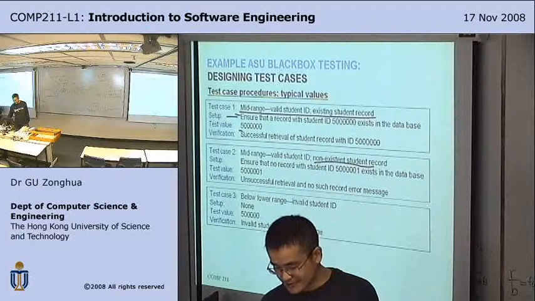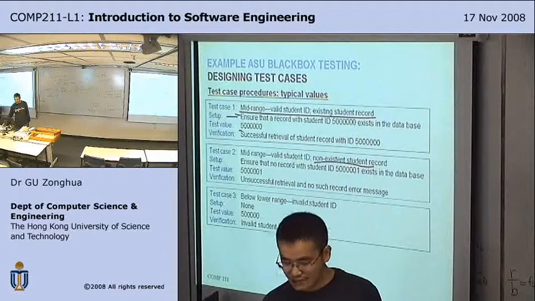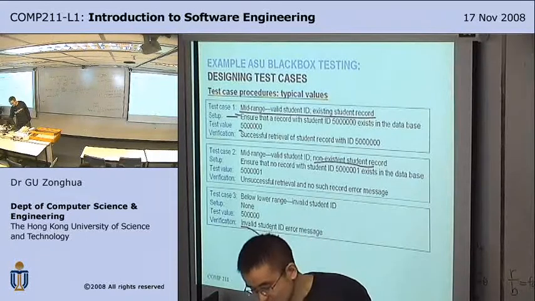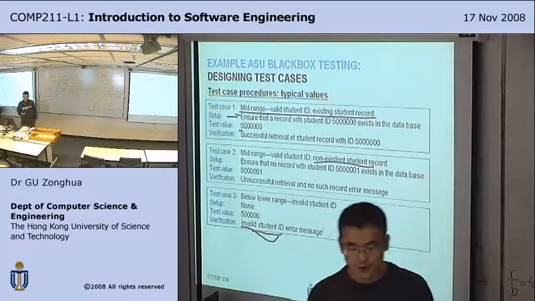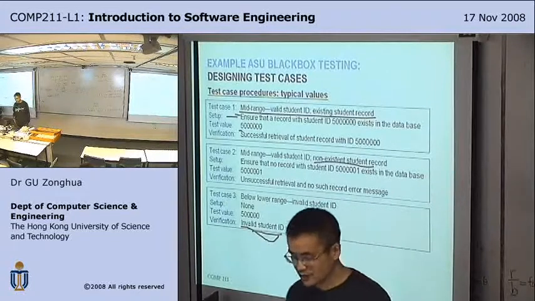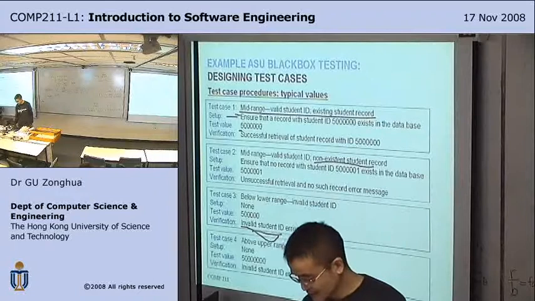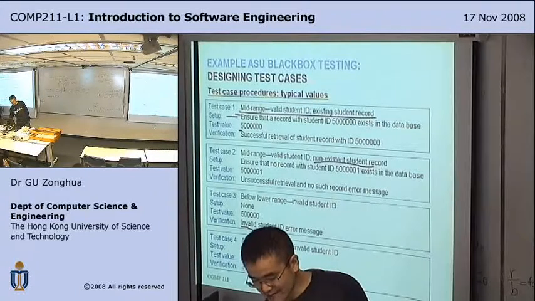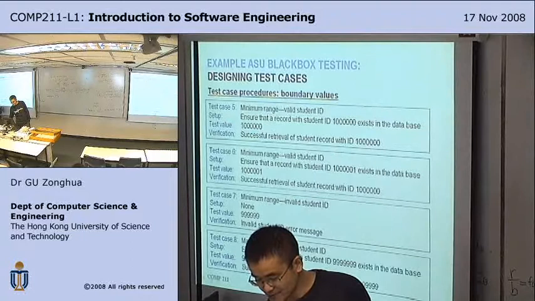And if you get a below lower range value, 500,000, then the verification is an invalid student ID error message. So you should give the correct error message for the two types of errors. One is a valid ID but no such record. One is an invalid ID. And also you have above upper range, invalid student ID error message.